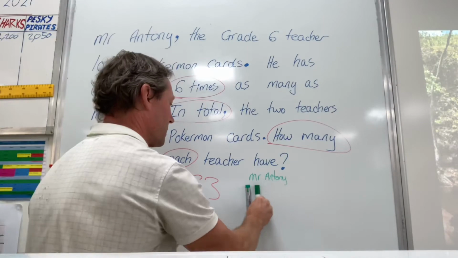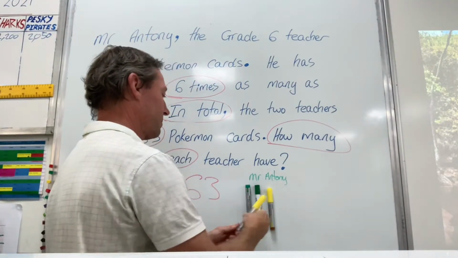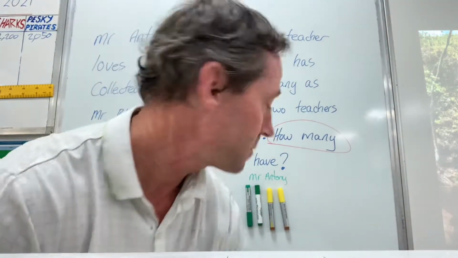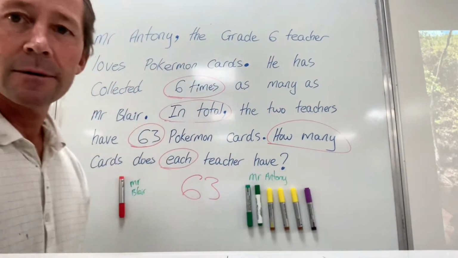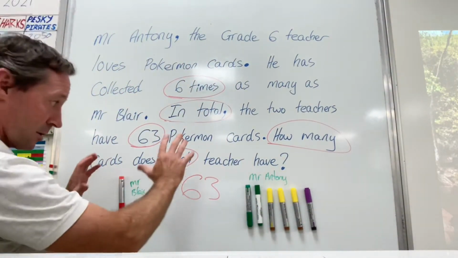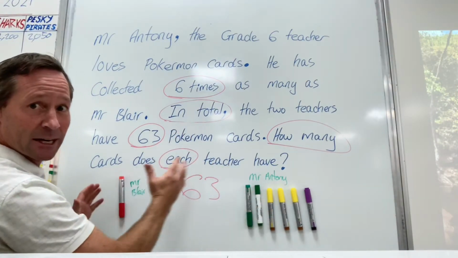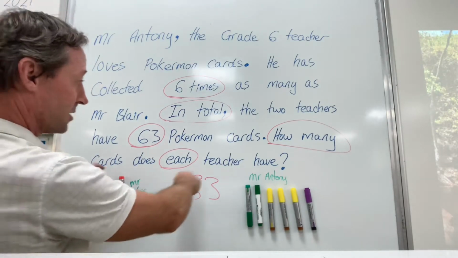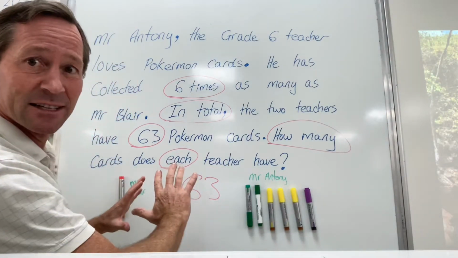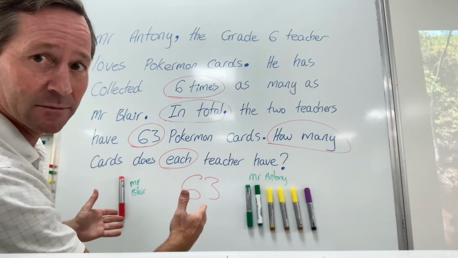1, 2, 3, 4, 5, 6. So he has 6 times as many as Mr. Blair, because 1 times 6 is 6. In total, in this area, we have 7 markers.